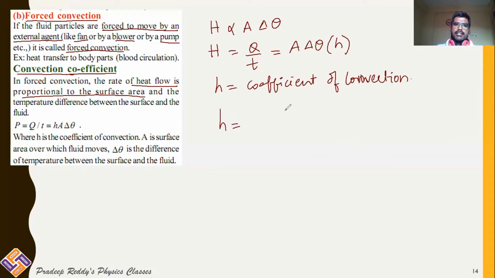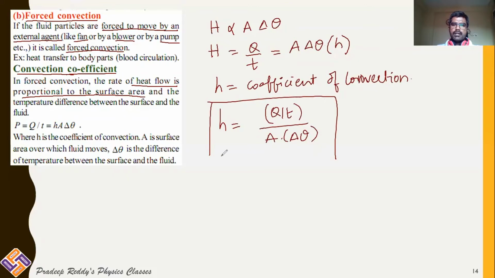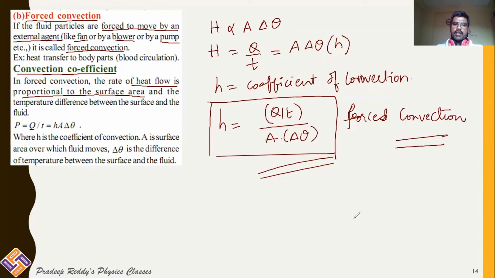Coefficient of convection h can be written as Q divided by t by A into delta theta. This is the equation for the coefficient of convection, and this takes place only for forced convections. This is what actually takes place in the case of forced convection.